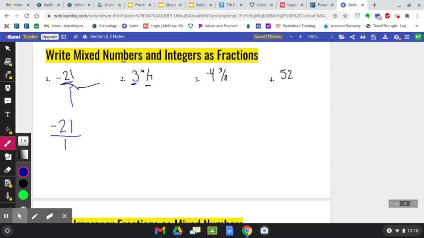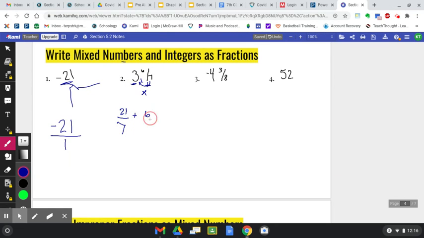Now, with the mixed number, where I have my whole and my fraction, I take the denominator and I multiply this whole number, right? 7 times 3 is 21, right? And I should know that 21 over 7, right, equals 3. So that's this part.